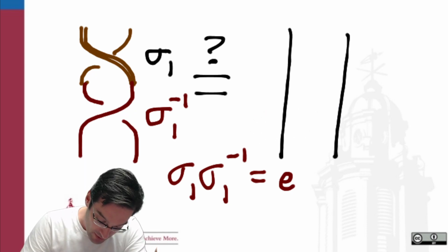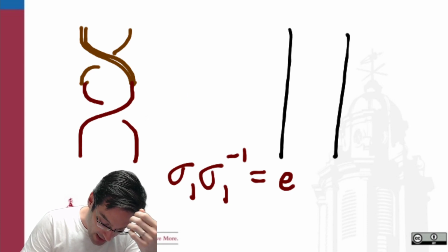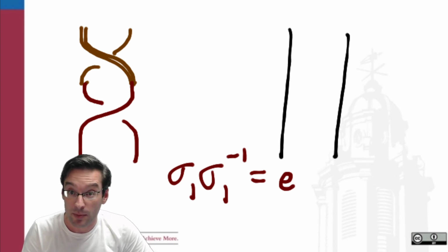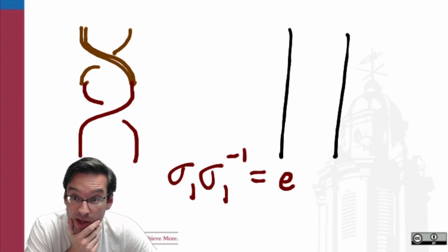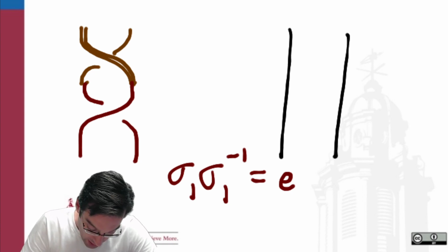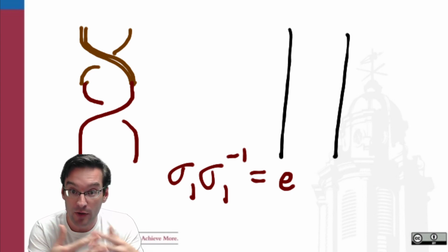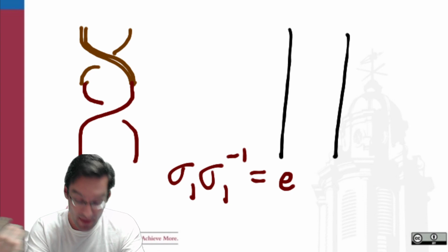And one thing that we notice, and is kind of leading us to a possible conjecture here, is that if we count the number of positive crossings and the number of negative crossings in a braid, that braid sum seems like a good candidate for a braid invariant, right? A quantity which depends only on the underlying braid itself and not on the particular word that we're using to represent that braid.